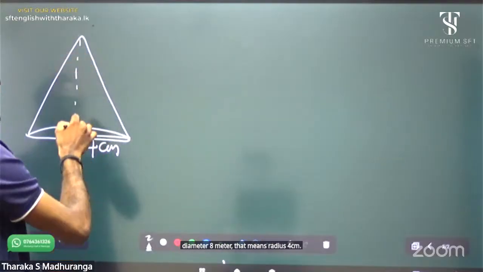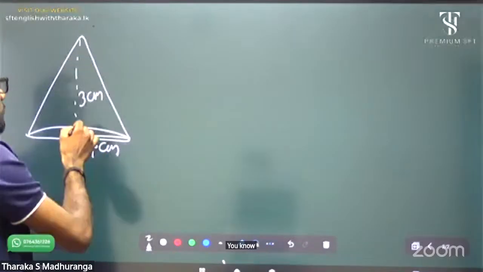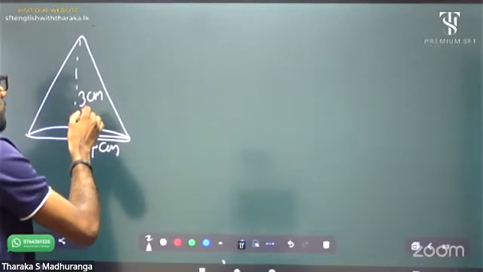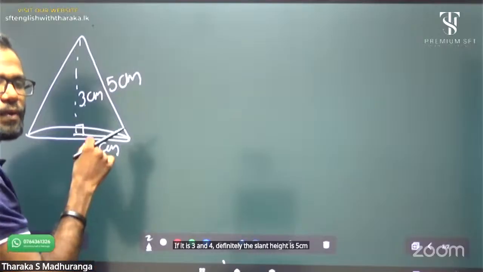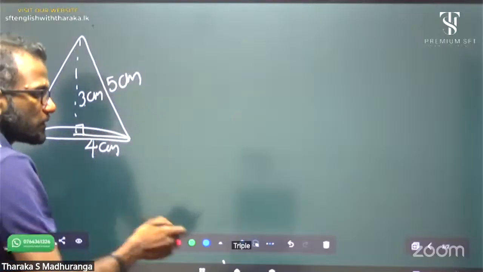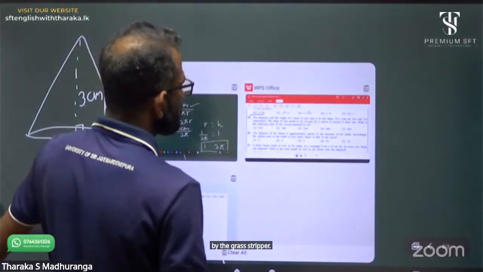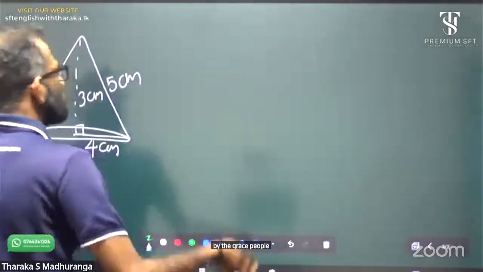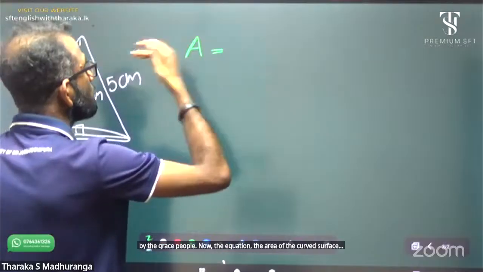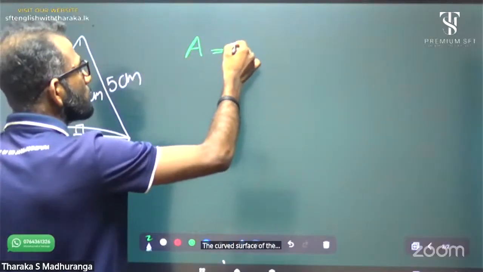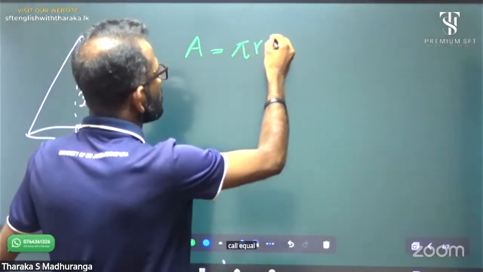Height 3 meters. Right? You know, now it is a right angle triangle. If it is 3 and 4, definitely the slant height is 5 meters. That we call a Pythagoras triple. Now the equation, the area of the curved surface of the cone equals πrL, that you already know.